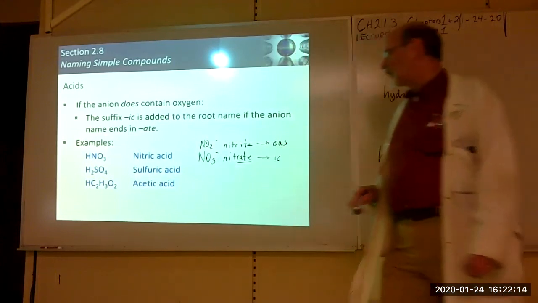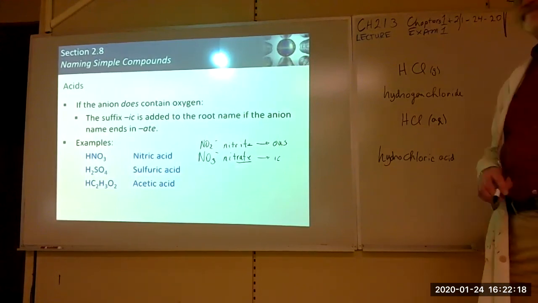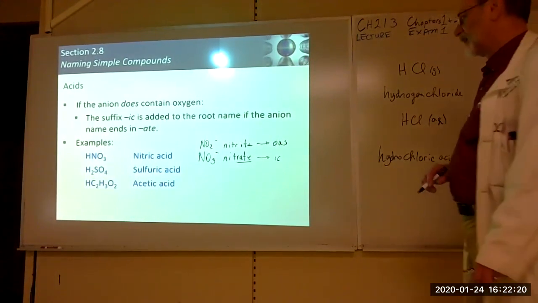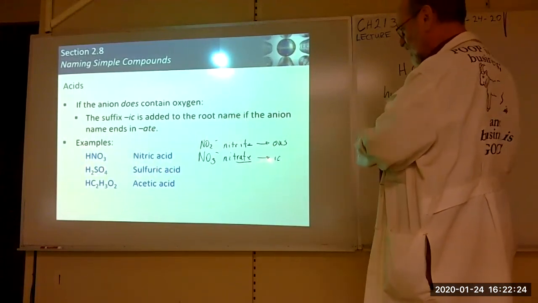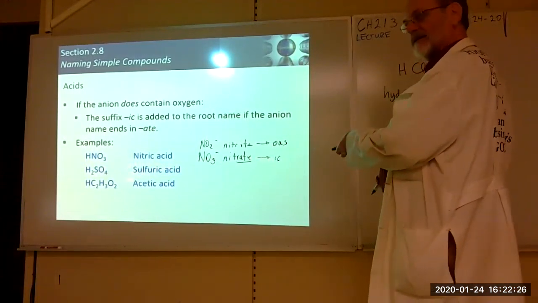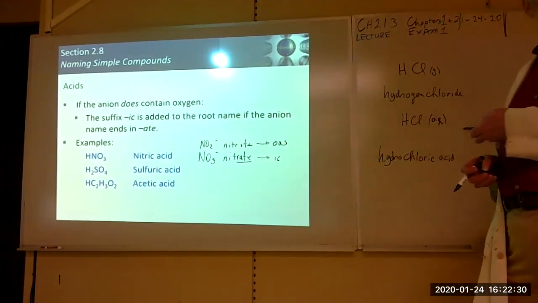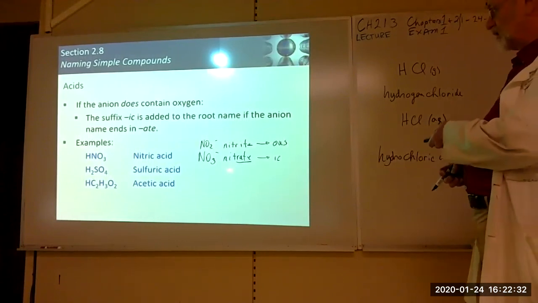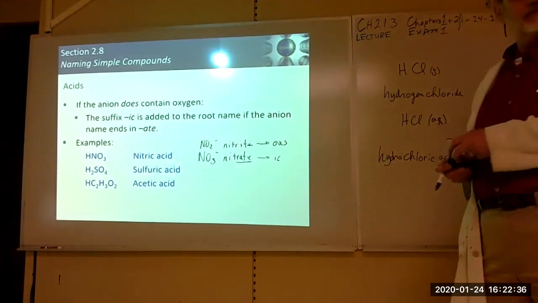So that's nitrous acid if it's HNO2. Okay. Then you've got sulfate, -ate becomes -ic, sulfuric. There's also an SO3. An SO3 is sulfite, so it'd be sulfurous acid.